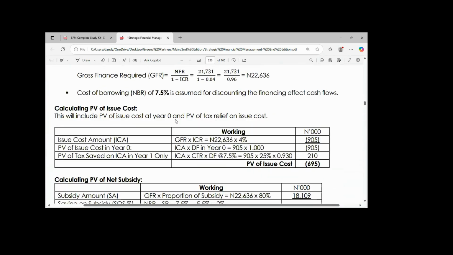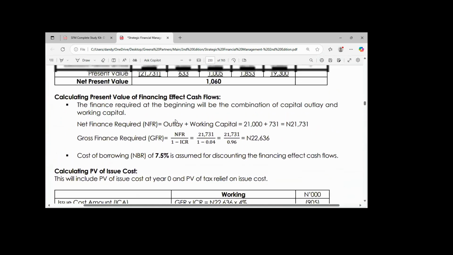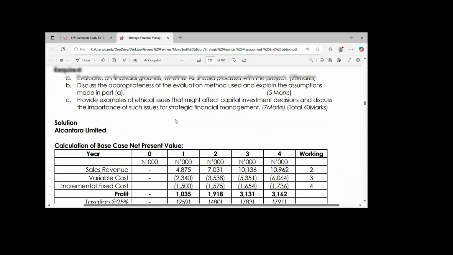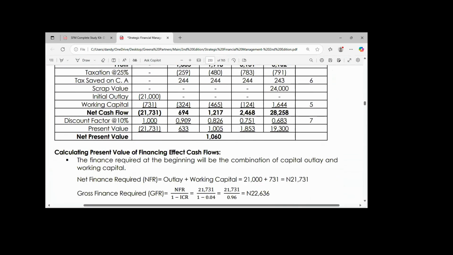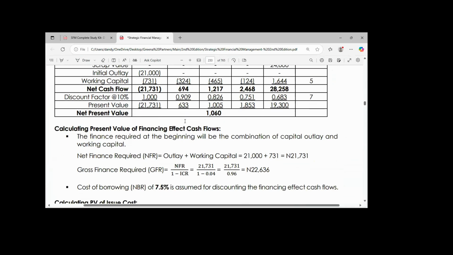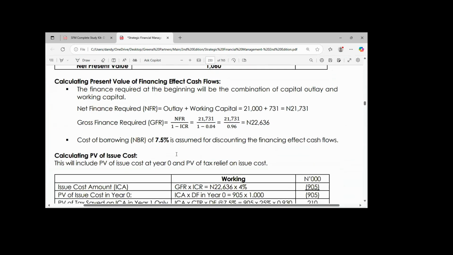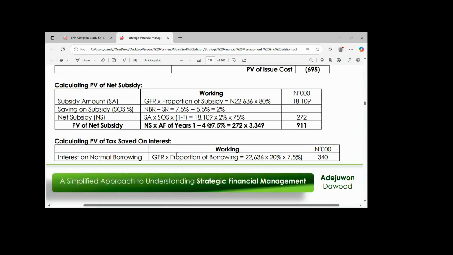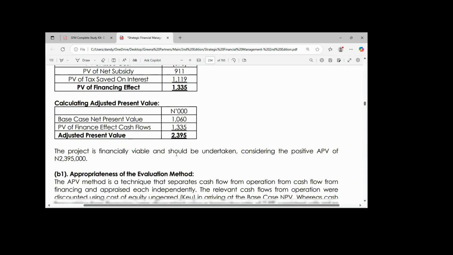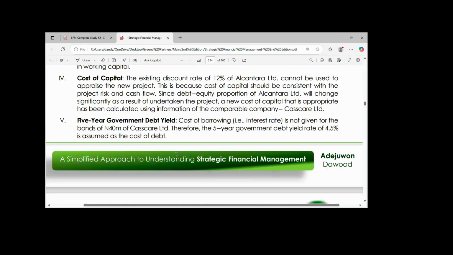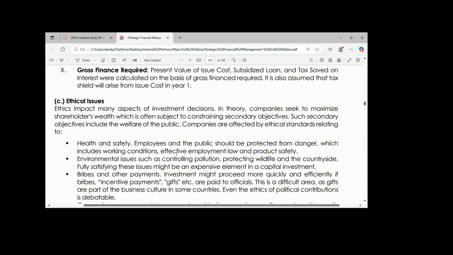Let me see if I have it somewhere else. No. You said earlier that we should multiply 2.53 by the 15 million. Yes, that's what I did there. I thought I did the working in this document. So I was looking for the working, but the working is not there.